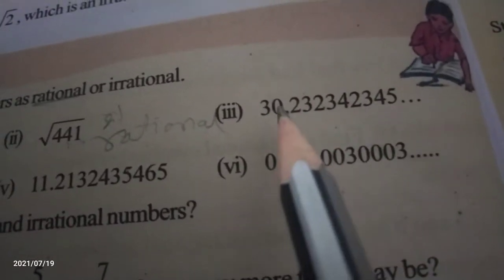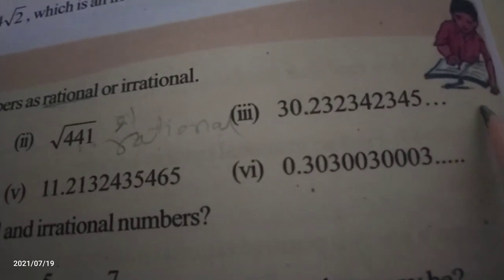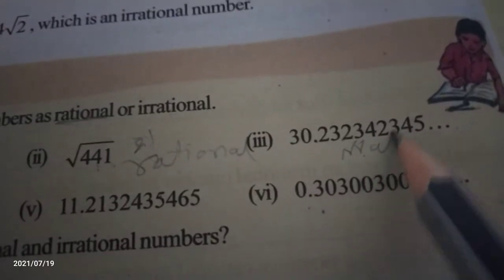We don't know how many digits there are after the decimal. If it has a limited number of digits after the decimal, we can easily convert it into p by q by removing the point. This is an irrational number because after the decimal there is no finite value.